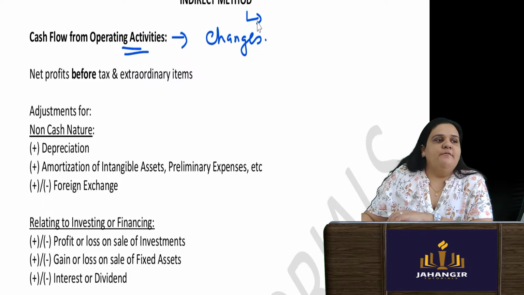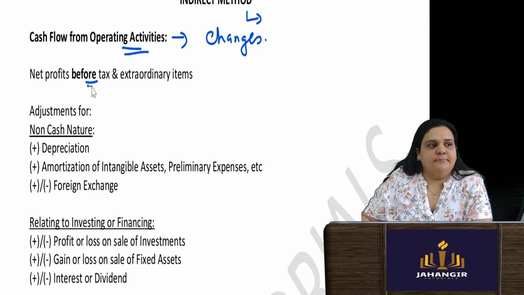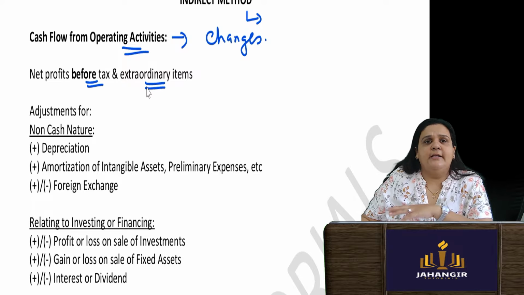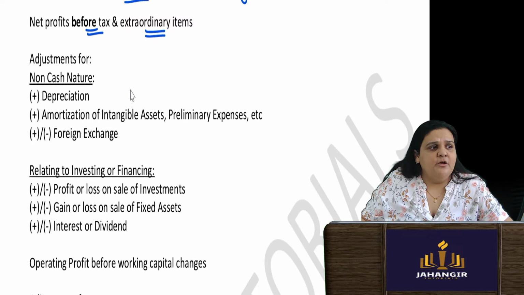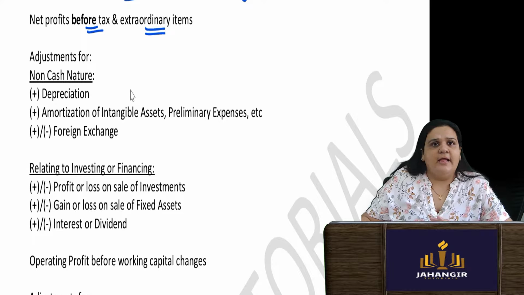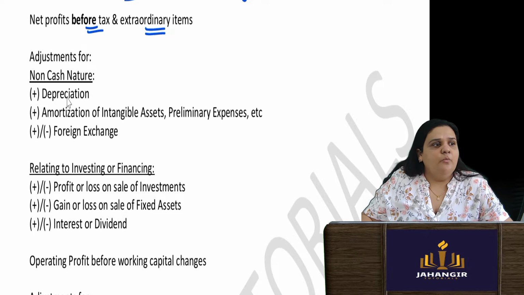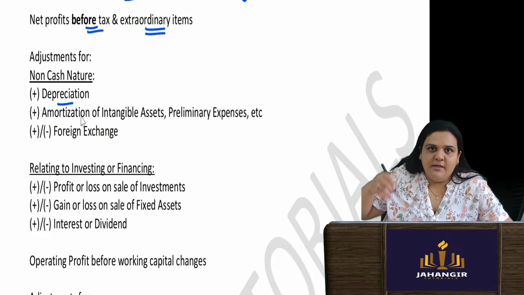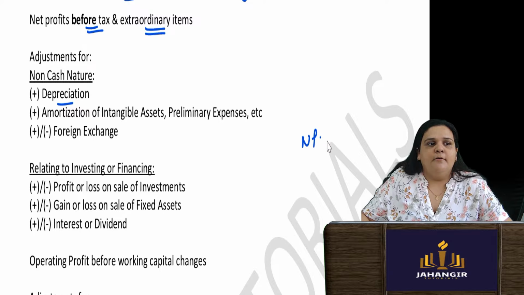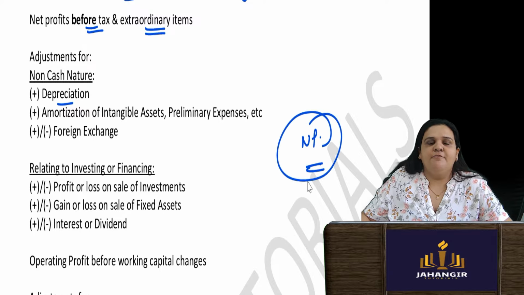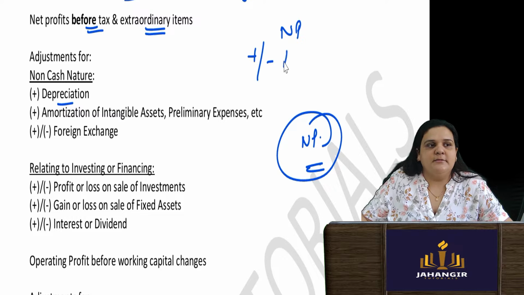So when you take profit before tax and extraordinary items, we will have to adjust for those things which are non-cash in nature, because in the P&L we debit depreciation, amortization, all that, and then we arrive at the net profit. So with this net profit which we have already arrived at, I will have to do all the adjustments.